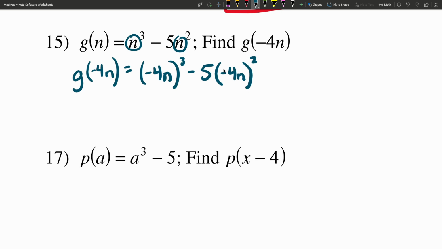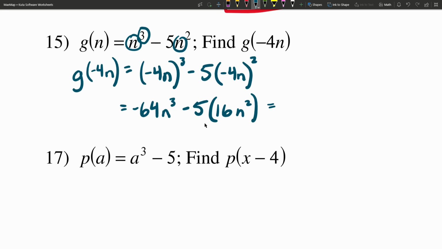And it's important to keep the parentheses around that negative 4n, because when we cube it, we're going to cube both the 4 and the n, and also when we square it, we need to square both the negative 4 and n as well. So negative 4 cubed is going to be a negative 64, and that's times n cubed minus 5 times negative 4 squared is a positive 16, and n squared is n squared.